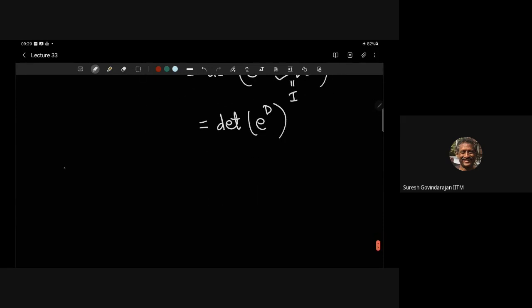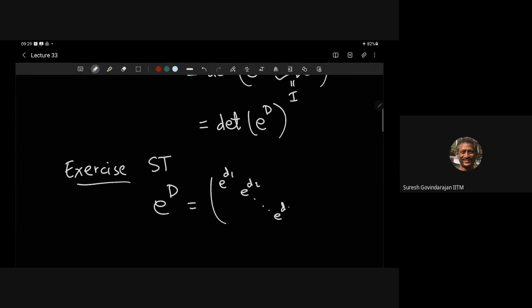Exercise. Show that e to the D is also a diagonal matrix. Exponentiation of a diagonal matrix is very easy. What I have not written are zeros. So what is the determinant of e to the D then?